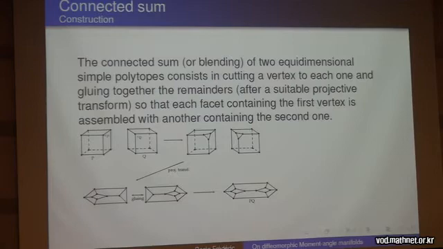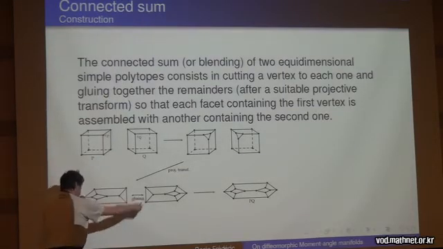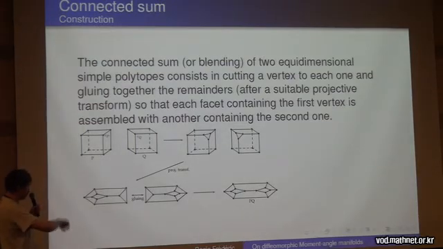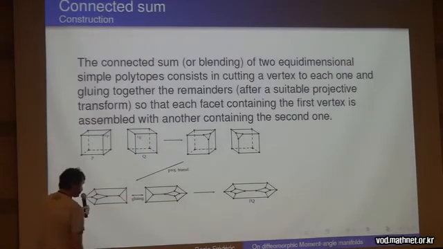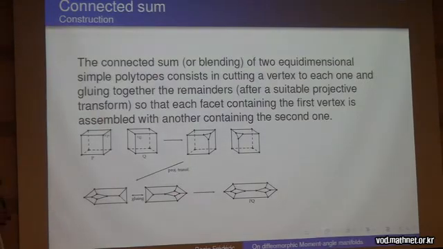You can take two polytopes, cut a vertex on each, and then by projective transformation, transform them so that they can be glued to give a new polytope. They have the same dimension, of course. And here is the connected sum of two cubes. The connected sum of two cubes does not depend on any choice, but generally, we have to choose the vertex that we cut.